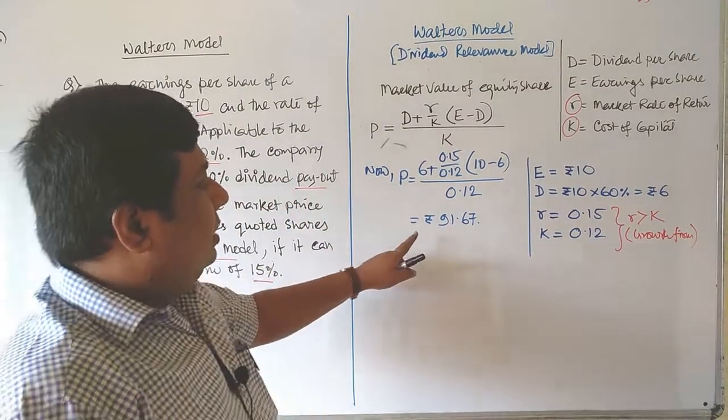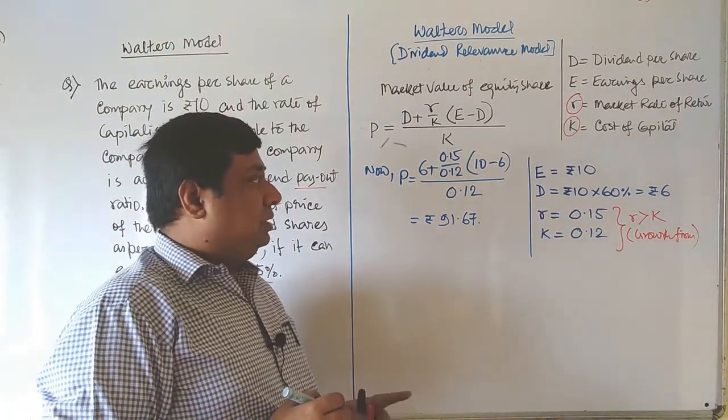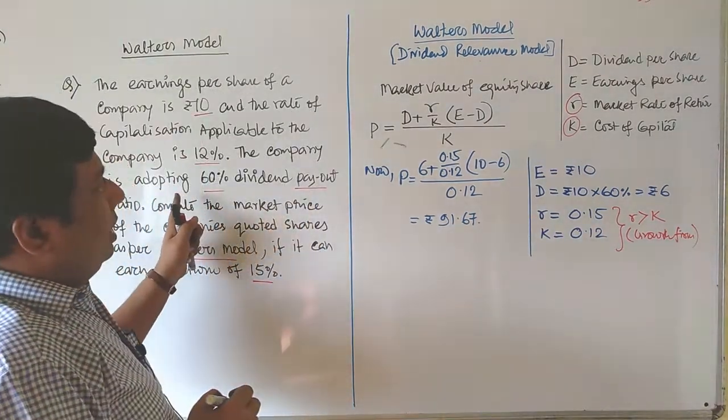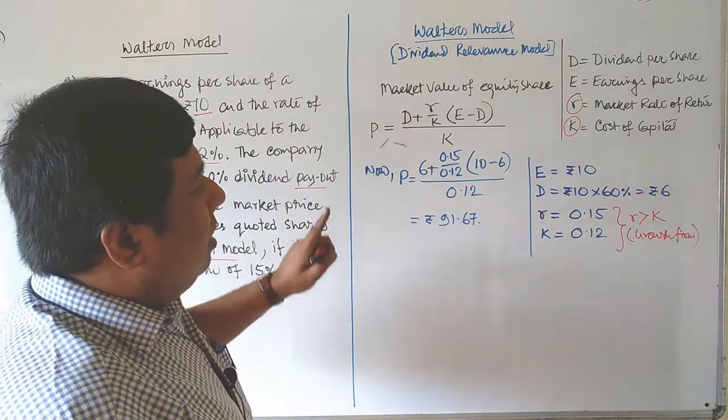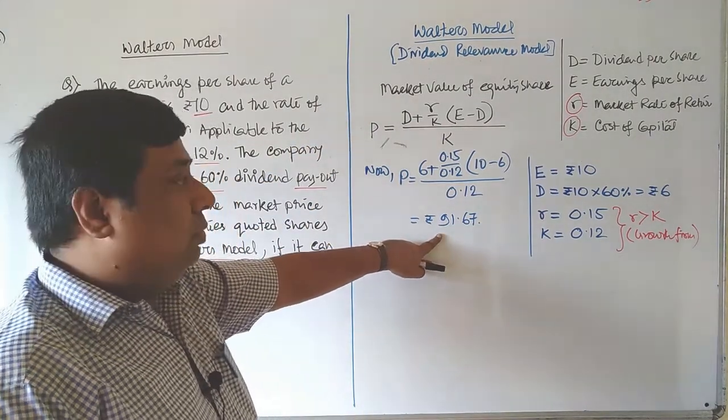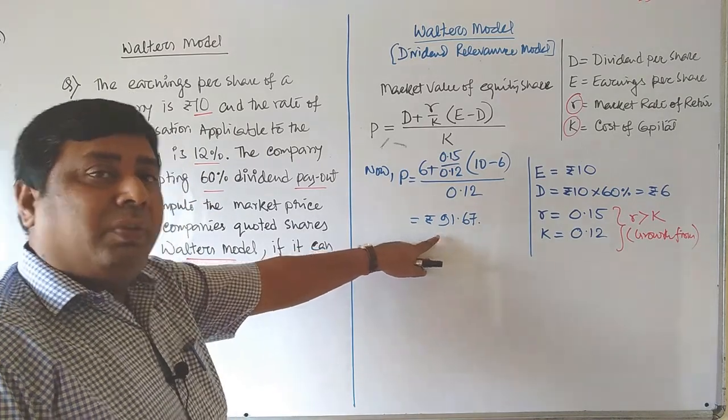Once you solve that, 91.67. Now depending upon the given information, by applying Walter's model, the market value per share is how much? Rupees 91.67.